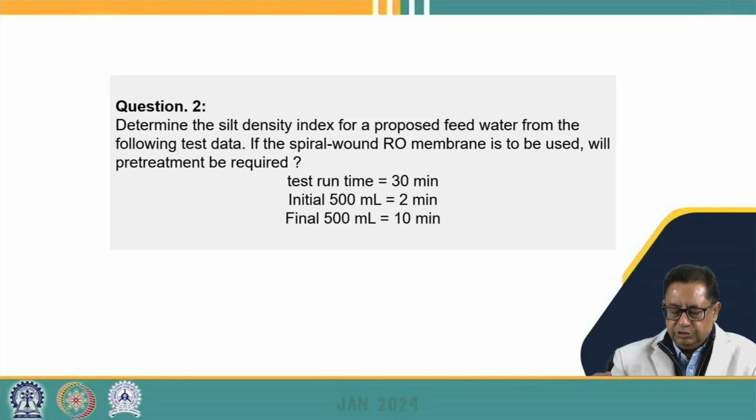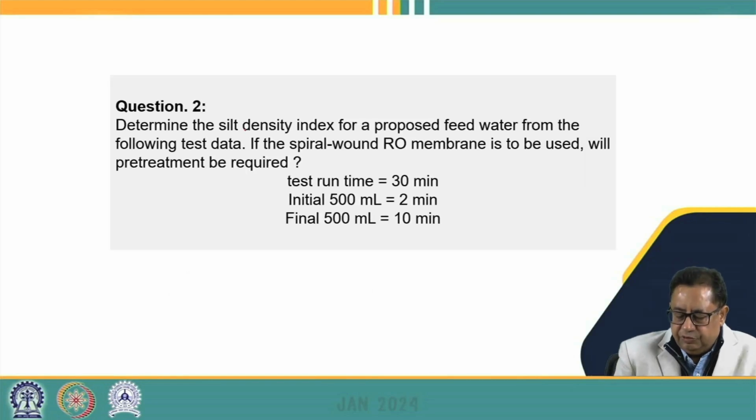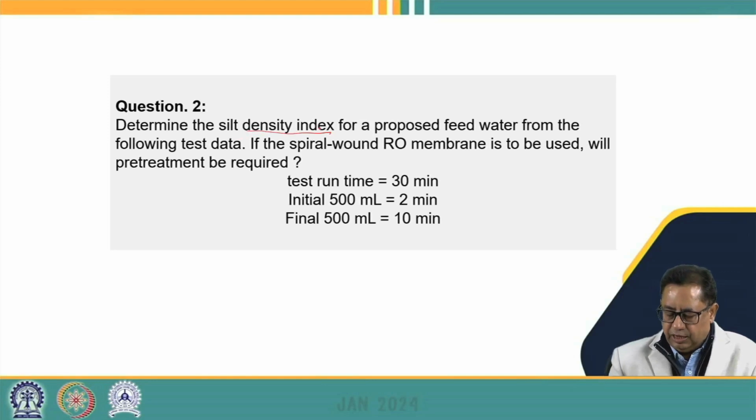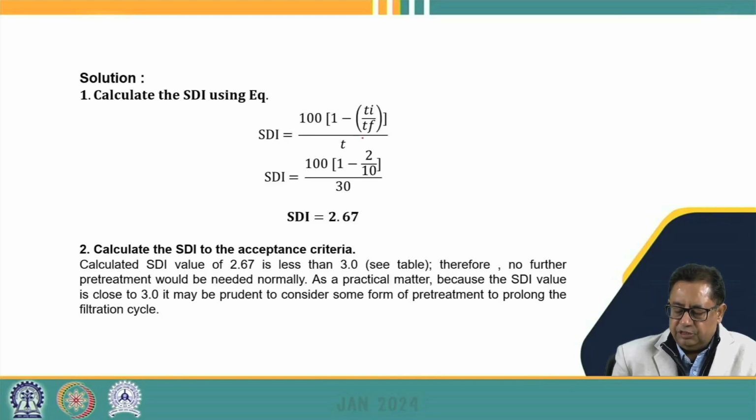Then another question is on the silt density index, which we have already discussed in the previous slides. The test run time is around 30 minutes. The time to collect the initial 500 ml is 2 minutes. Time to collect the final 500 ml solution is 10 minutes. So we can just apply this equation for the SDI, that is 100 into 1 minus Ti by Tf divided by total time. So we can get a value of around 2.67.